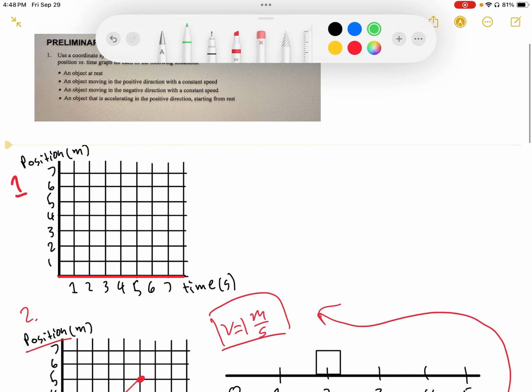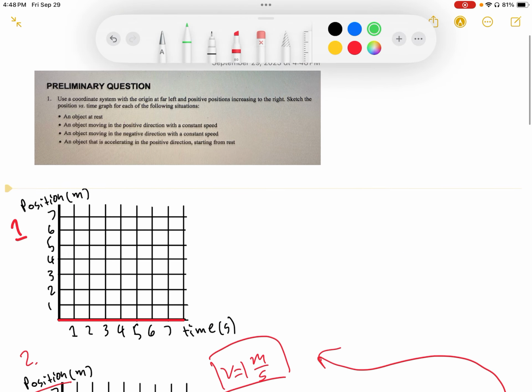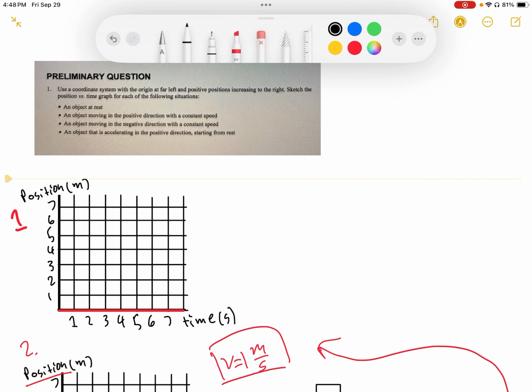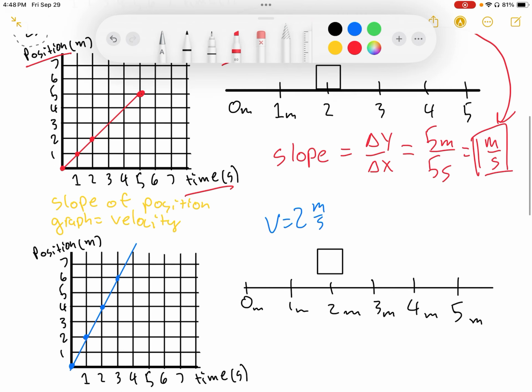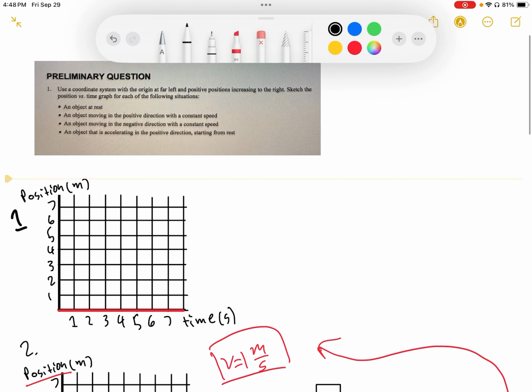Now, that was your second scenario, your third scenario, right? And then an object that's accelerating.